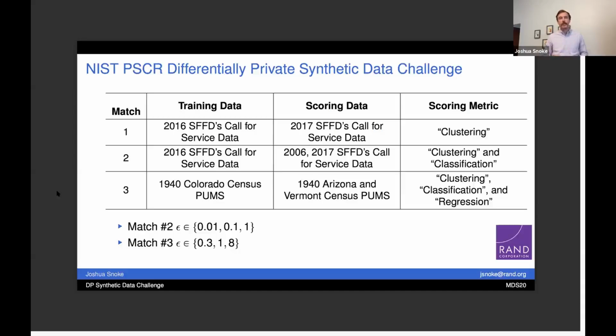And the scoring data sets were not publicized, so people wouldn't know what they were going to be tested on. In match 2, the epsilons were set fairly low, 0.01, 0.1, and 1. And then in match 3, they were raised to 0.3, 1, and 8.